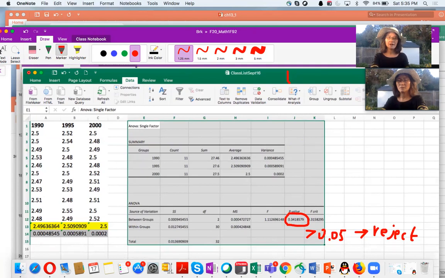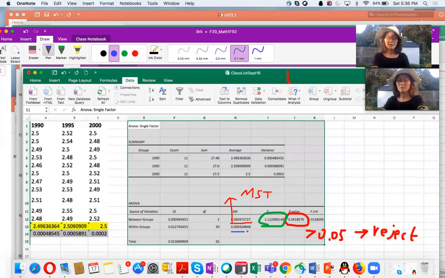And you can also get the test statistic here. This is the test statistic. And this number, 0.004, is MST, the mean square due to treatment.